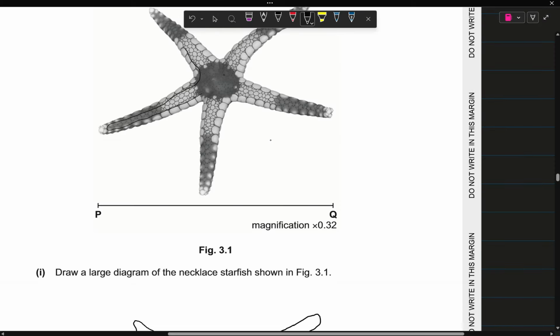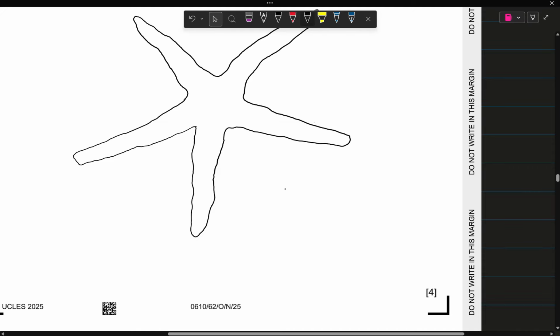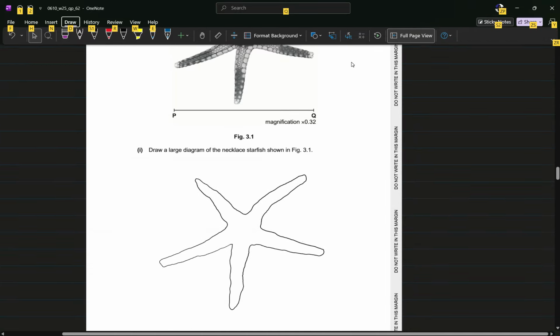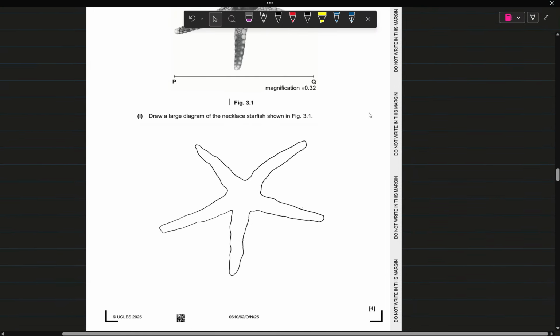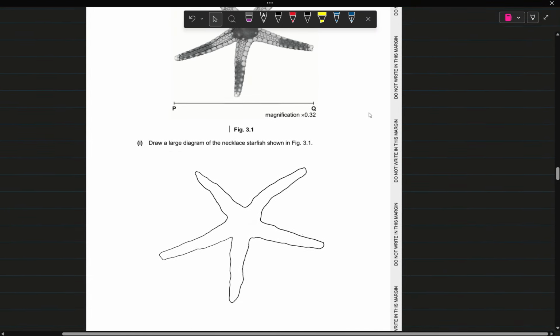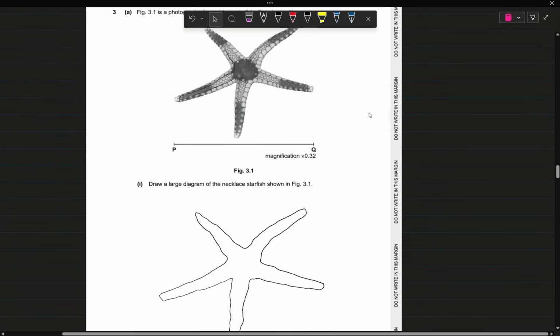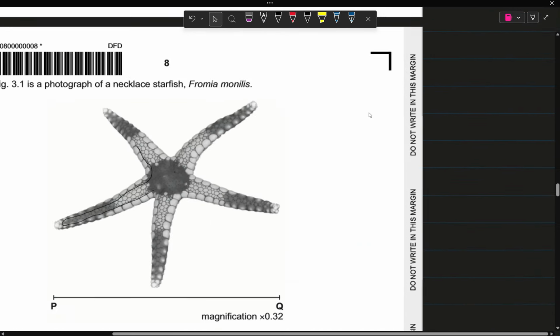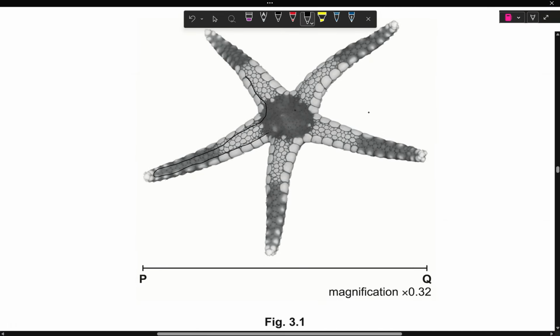So I went ahead and redrew the diagram so that it's closer to the actual shape. You can see here that we have a secondary outline that represents a second wall of cells. You have a first outline that just has the overall shape, and then a secondary outline for this wall of cells.